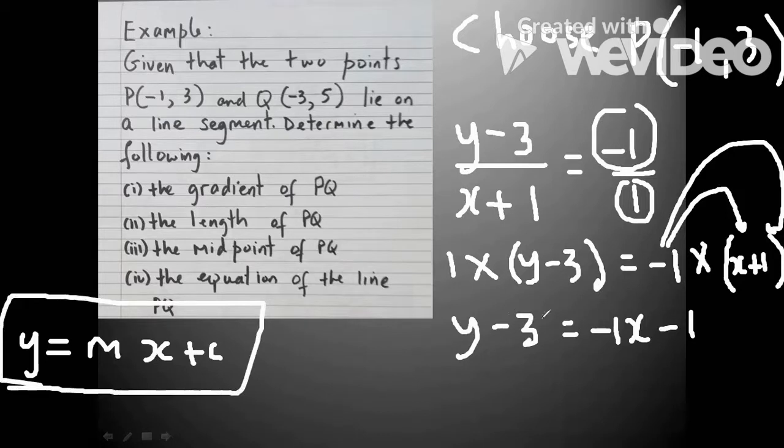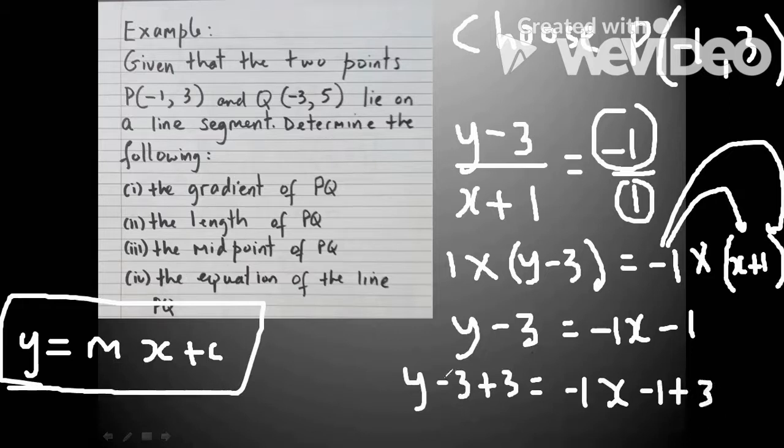So what I'm going to do is add 3 on the left and also on the right. So I'm going to have y subtract 3 plus 3 equals negative 1x, subtract 1, plus 3. So negative 3 plus 3 will give us 0.